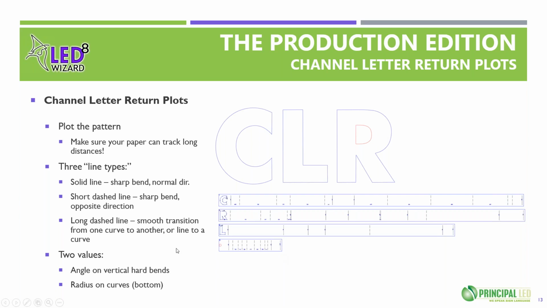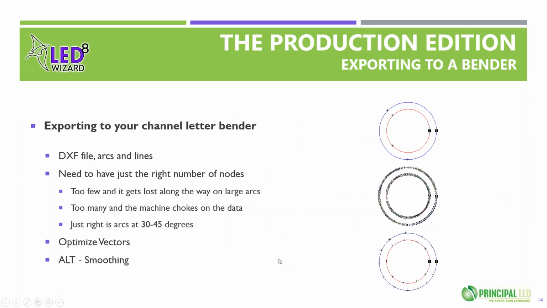And again, you can't see it real well, but the hard bends have an angle that is positioned vertically next to the line, and then the radius has an angle. And so these values here are the angle of that radius. Again, that's what helps determine which notching tool to use. So let me go back.